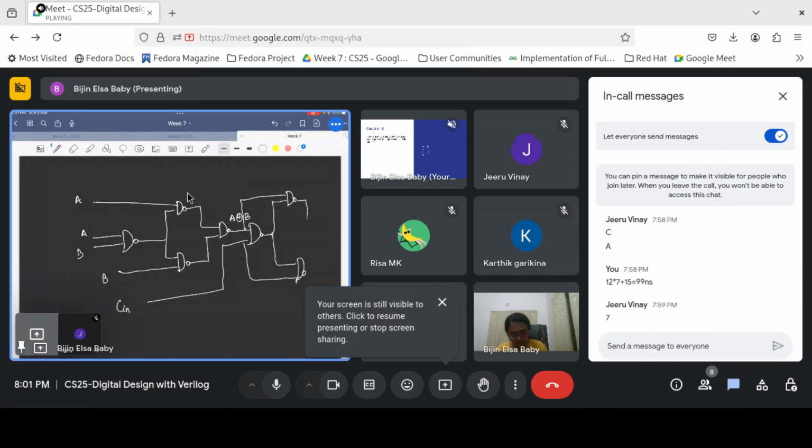So this will be from... when you solve this, you will finally get the answer, the XOR.